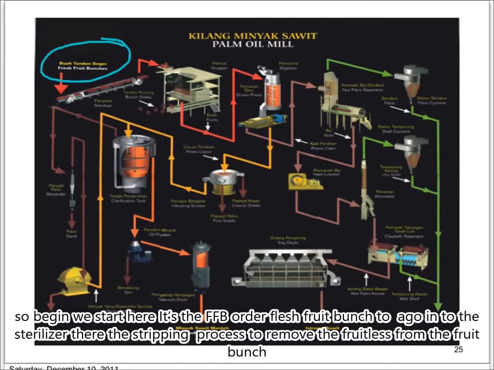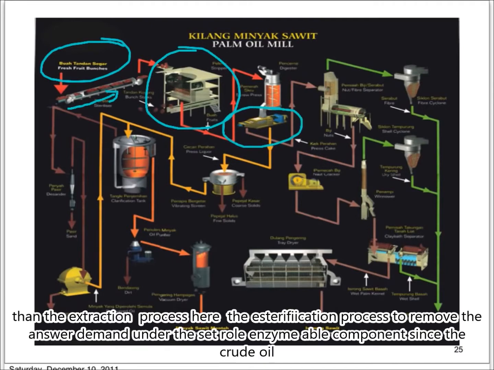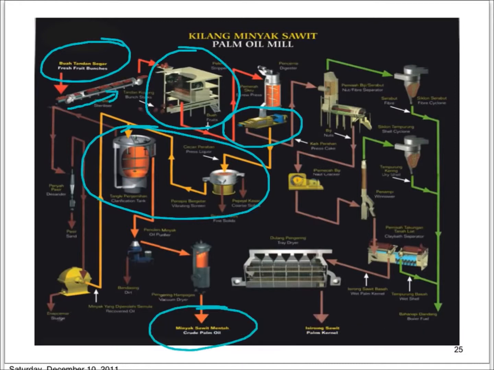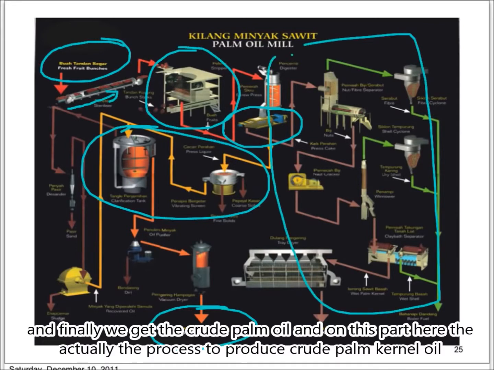This is where the FFB, or the fresh fruit bunch, will go in through the sterilizer, then the stripping process to remove the fruitlets from the fruit bunch, then the extraction process here, the clarification process to remove the sediments and other undesirable components in the crude oil, and finally we get the crude palm oil. And on this part here, this is actually the process to produce the crude palm kernel oil.